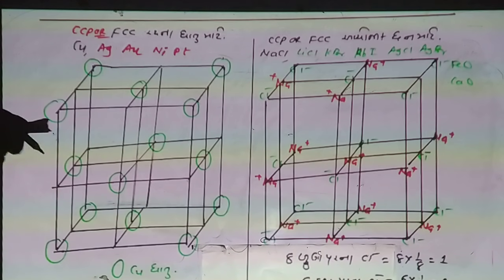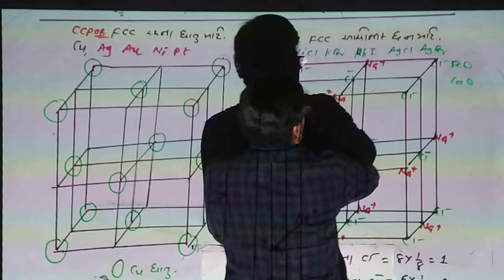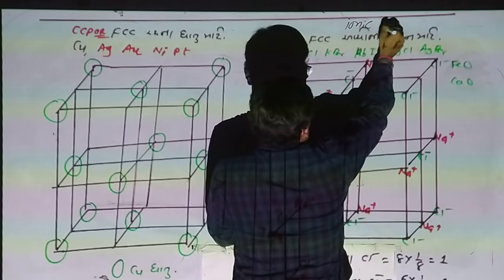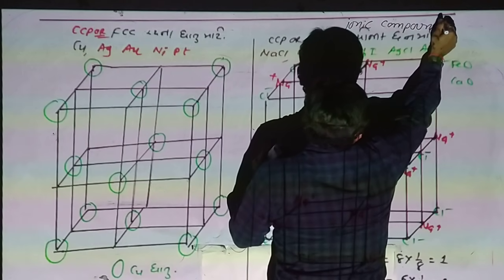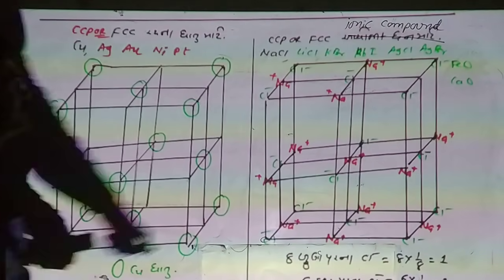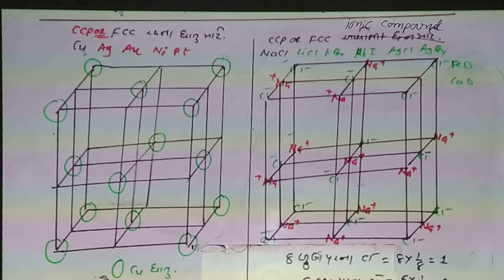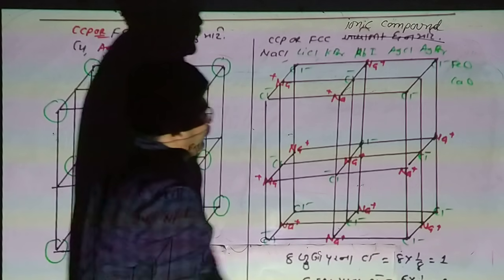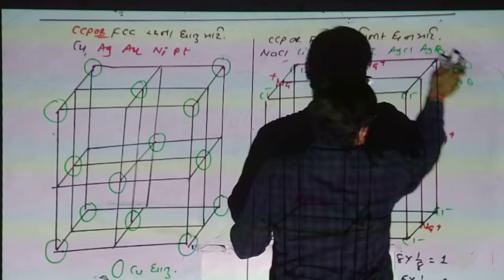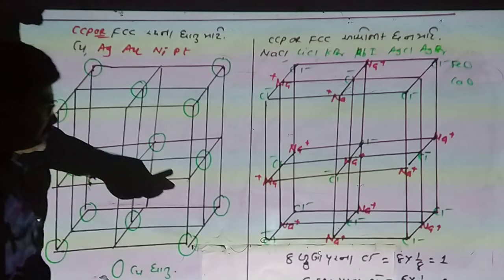But in ionic compounds, what happens? Which ionic crystals possess an FCC structure? Sodium chloride, lithium chloride, potassium bromide, rubidium iodide, silver chloride, silver bromide, ferrous oxide and calcium oxide possess an FCC structure.